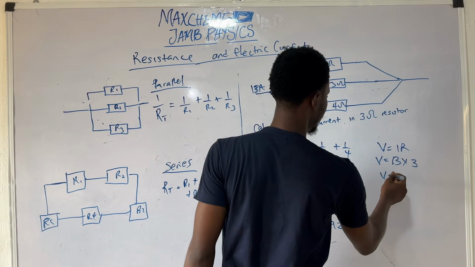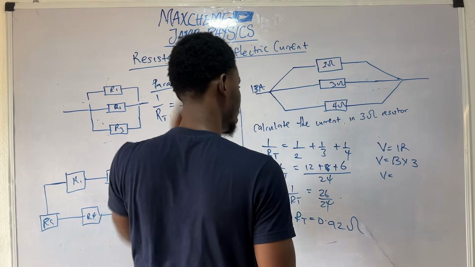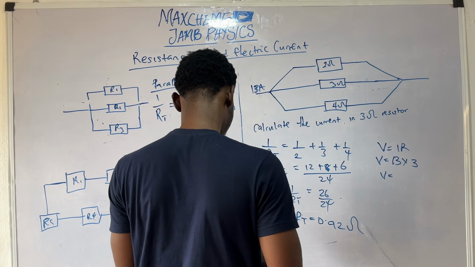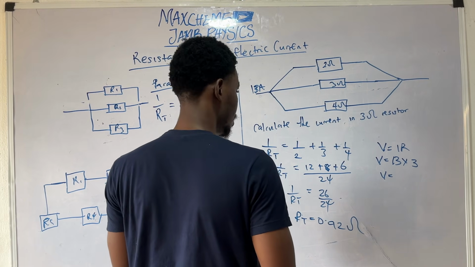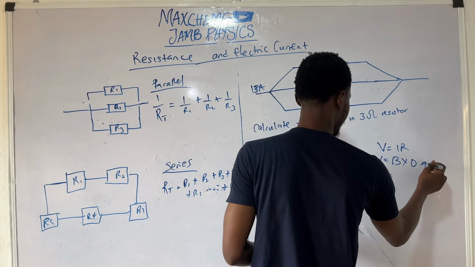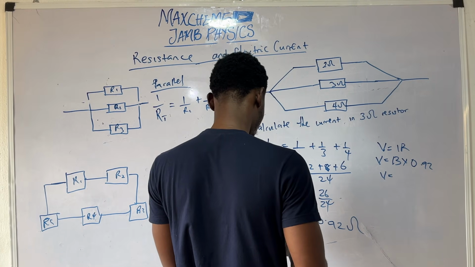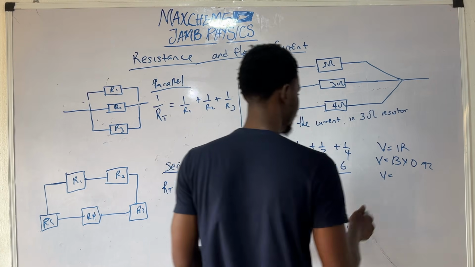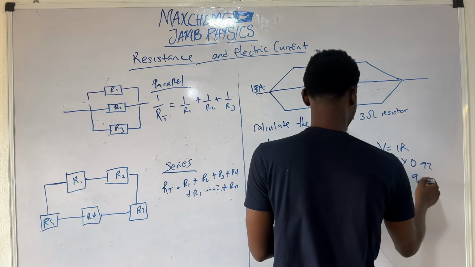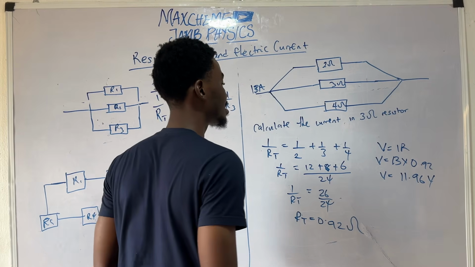So V is equal to the total resistance, 13 times 3, it's supposed to be the total resistance, which is 0.92. So 13 times 0.92 gives me 11.96 volts.